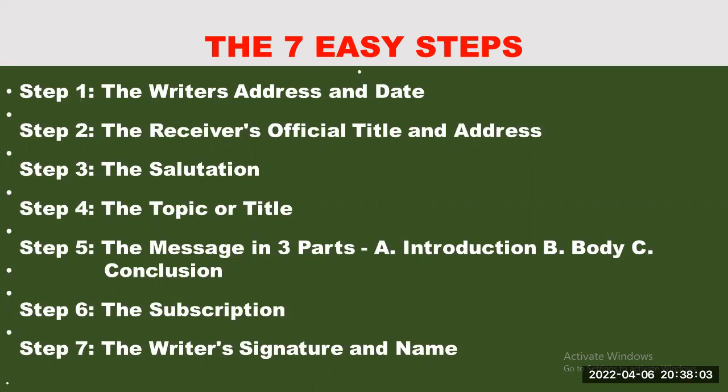Step 2, the receiver's official title and address. Step 3, the salutation. Step 4, the topic or title. Step 5, the message in 3 parts. Part A, introduction. B, body. C, conclusion. Step 6, the subscription, and step 7, the writer's signature and name.